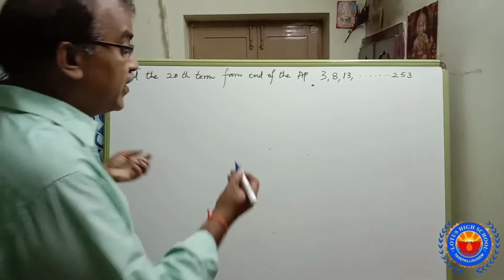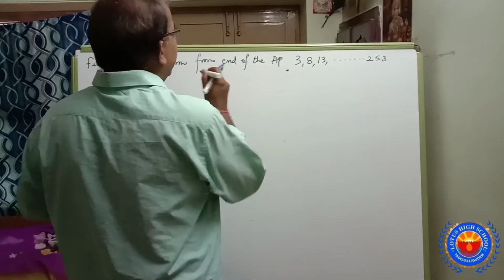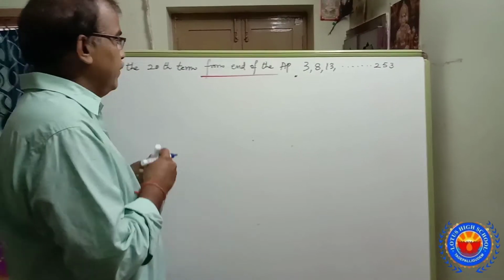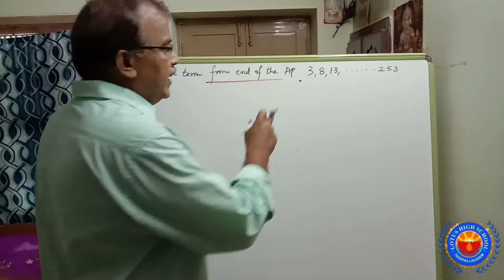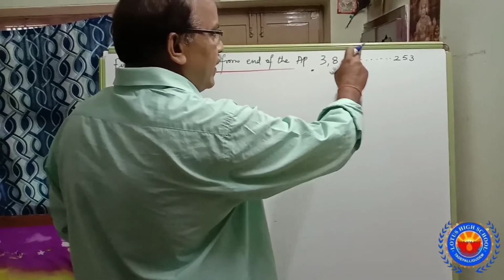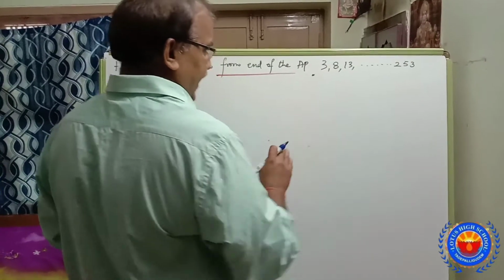Okay, one more sum. From the end model, not direct, from the end of the AP. Find the 20th term from the end of the AP 3, 8, 13, and so on, 253.